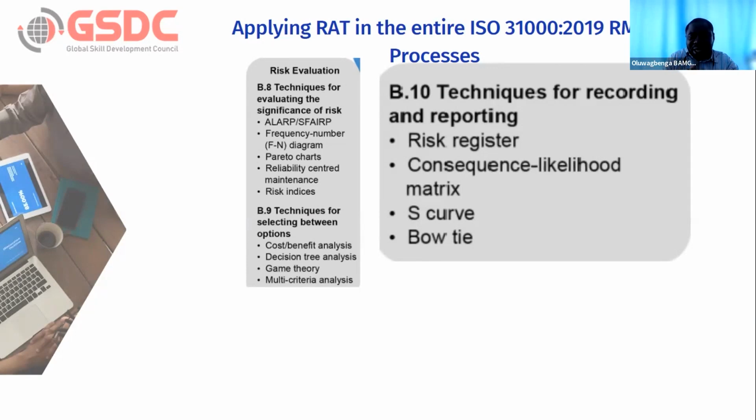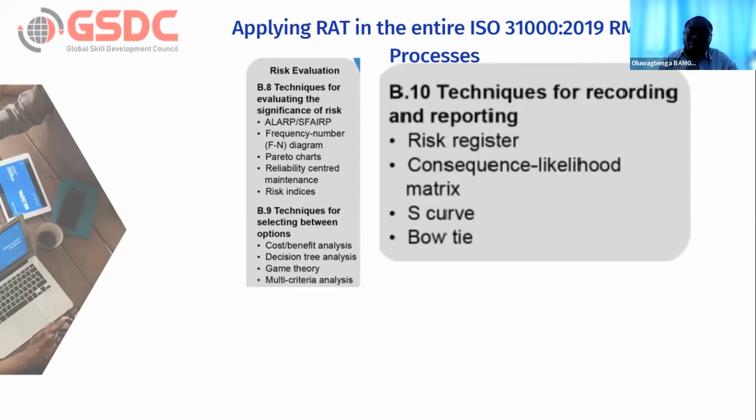Based on what I just explained around the technique for evaluating the significance of the risk, the more you keep having, then you know that you have a larger possibility for significance of risk for those assets that are faced in the cyberspace. And techniques for selecting them, also B9, we can use game theory or decision tree analysis, or you can also use the common one, we call it the cost-benefit analysis.